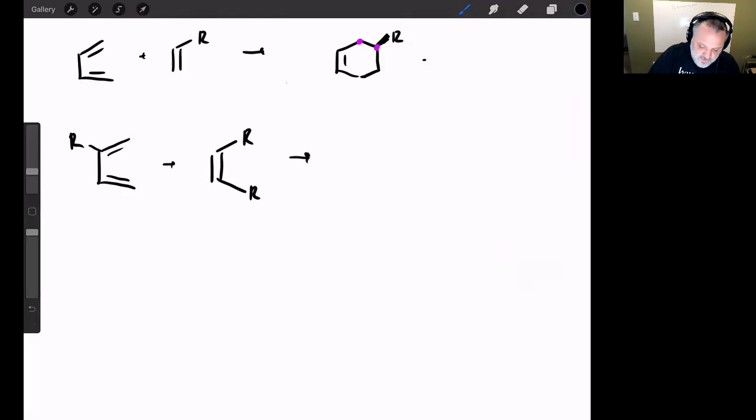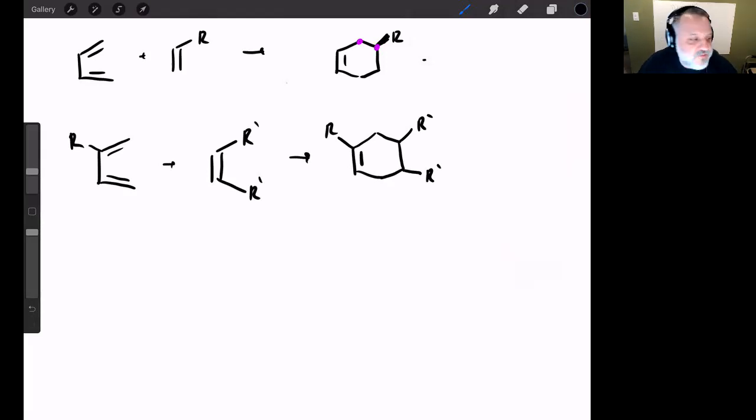Now, I'm not talking about stereochemistry. I acknowledge that there are differences in stereochemistry, but I'm specifically talking about regiochemistry here. So, R prime and R prime. In this case, there's still the same situation as far as regiochemistry is concerned. The R prime is connected 1, 2 away from there, and I've got another R prime connected 1, 2 away from that spot. So the connectivities are the same. Of course, we know that the stereochemistry is going to be different.